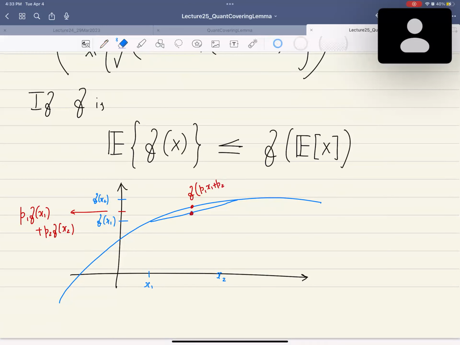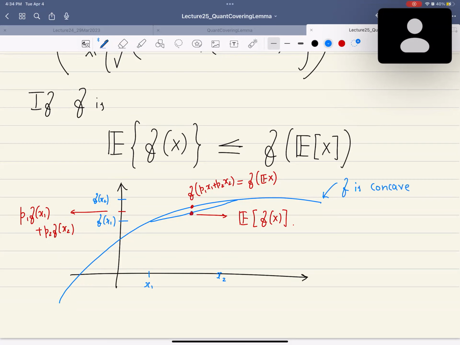So this is f of the expected value of x. I'm taking the average of x's with some distribution p1 and p2. This other point is the expectation of f of x, because I'm averaging the function values. And clearly this f is concave. So when f is concave, this happens. In probability parlance, this is called Jensen's inequality.